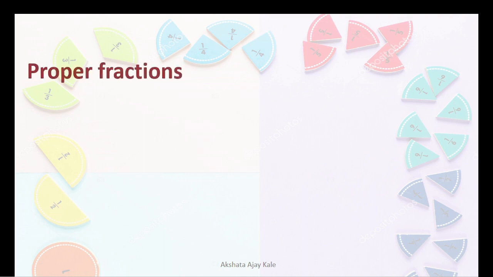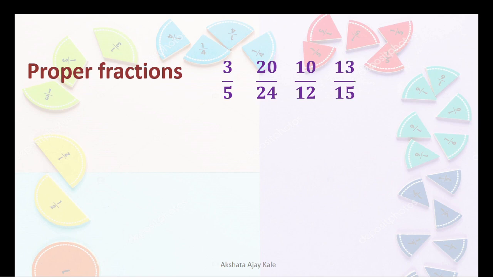Now, proper fractions. This is a new thing. See, dear children, this is 3 upon 5. This is 20 upon 24. 10 upon 12. 13 upon 15. Yes, here 4 fractions are given. Please observe the numerator and denominator.